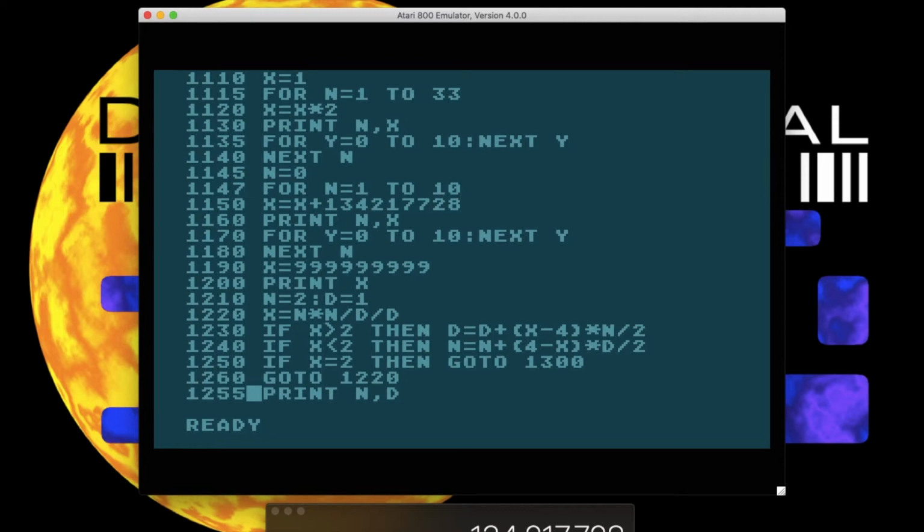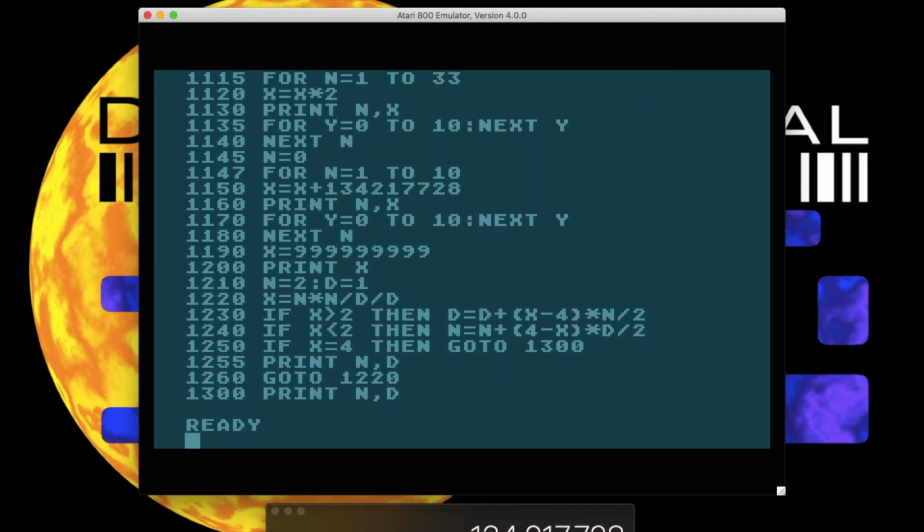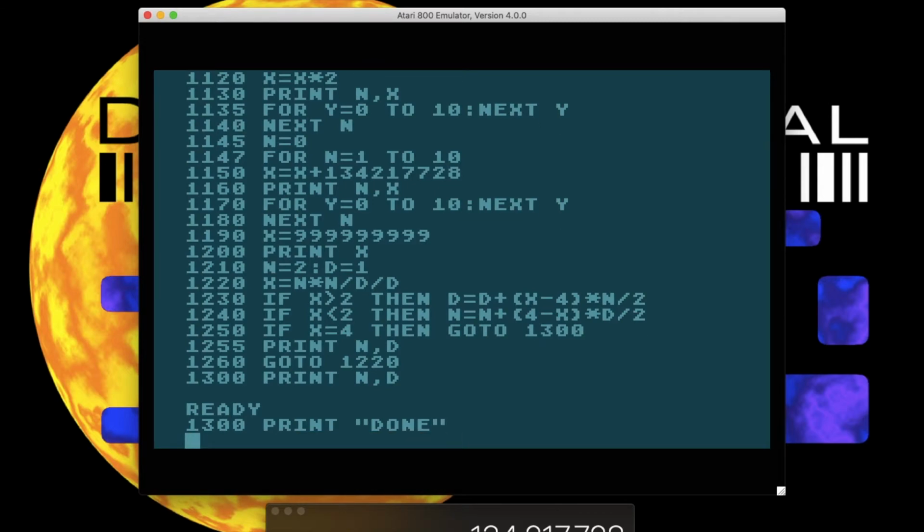Put another print statement, and then at 1300, we're going to go print quote DONE. Print done, and then here we'll print results.